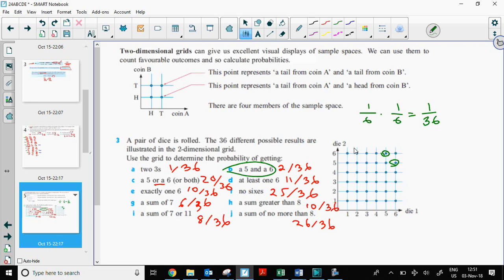Well, the reason is that when we're getting a 5 and a 6, that's either a 5, then a 6, or a 6, then a 5. This first one gives us 1 out of 36. The second one also gives us 1 out of 36. We add them together to get 2 out of 36.